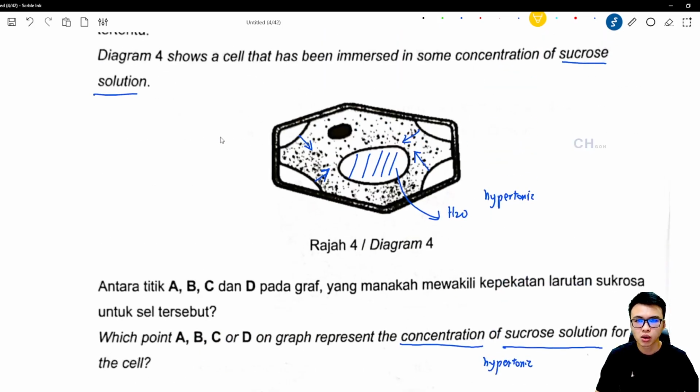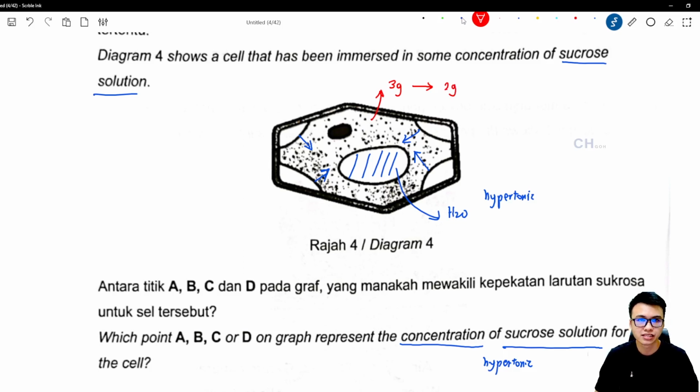Now, let's say we look back to this cell. Let's say the cell has a mass of 3 grams. Let's say, for example, only 3 grams. So if the water moves out from the cell, I'm sure the cell mass will maybe drop to 2 grams. Am I right?